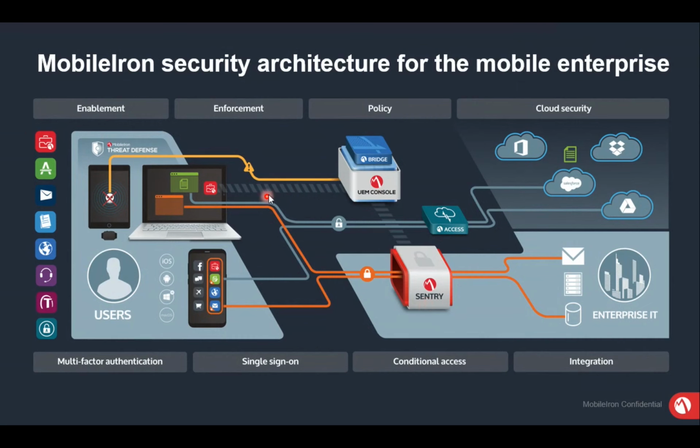When a device is registered, you will notice this orange box: a logical container will be created. The reason is that whatever happens inside the container stays inside the container, and we'll be applying some DLP features on it. Anything copied or any email shared within these apps will stay inside the container, and the container is encrypted on the device, separated from the personal applications.